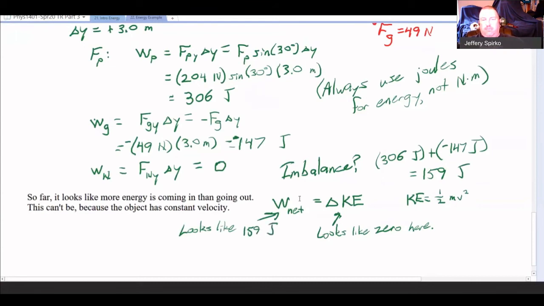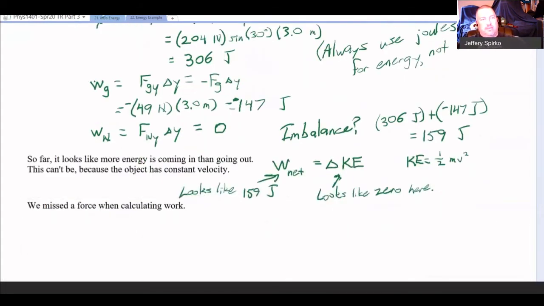And that would break this equation. You can't have 159 equal 0. But the issue that happened here is we missed a force.